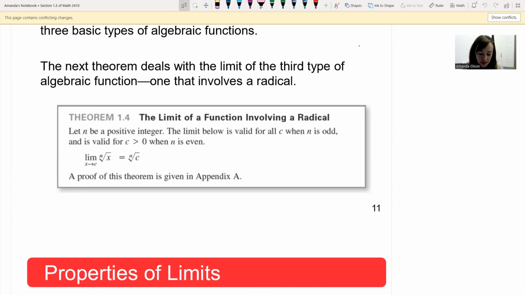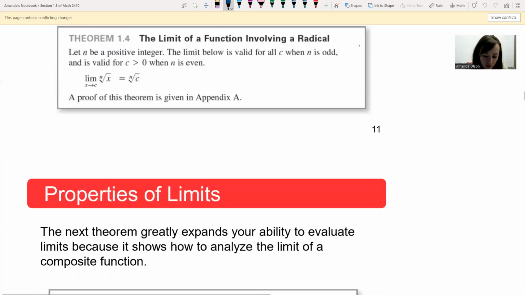If you're looking at, for example, the limit as x approaches c of the nth root of x, if c is greater than 0 and n is even, then you can just directly substitute. You run into problems when your c value is negative, because of course you can't take the even root of a negative value.